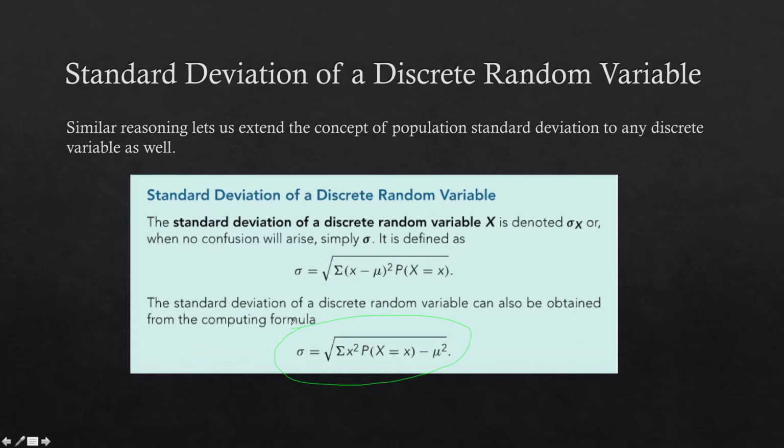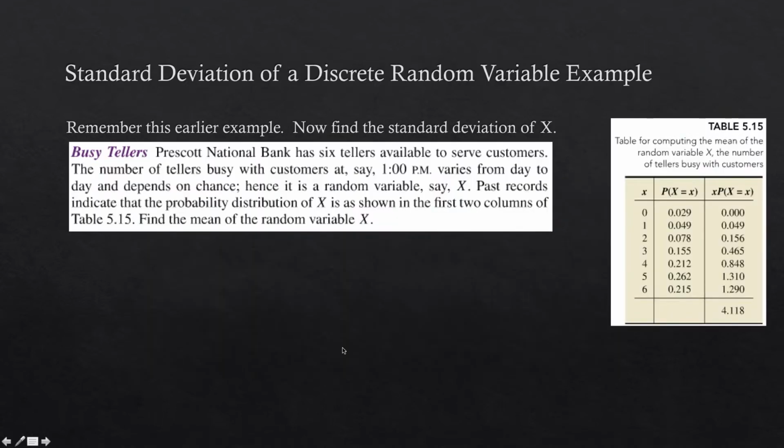The other one is our defining formula. It's a little bit more complicated to try to solve for. But notice the difference here. It's the sum of x squared times the probability. The sum of x squared times the probability. So, that being said, let's look at one of these.